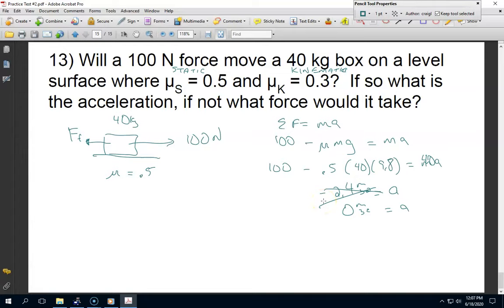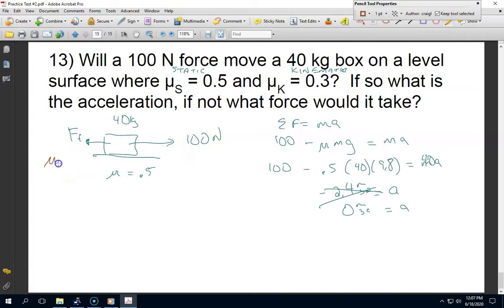So the second part of this question says, if it doesn't move, then how much force would it take? We found out that 100 newtons is not enough, so I need to figure out what it would take to move this thing. Probably the easiest way is to calculate the maximum value of friction, and then I've got to pull at least that hard.